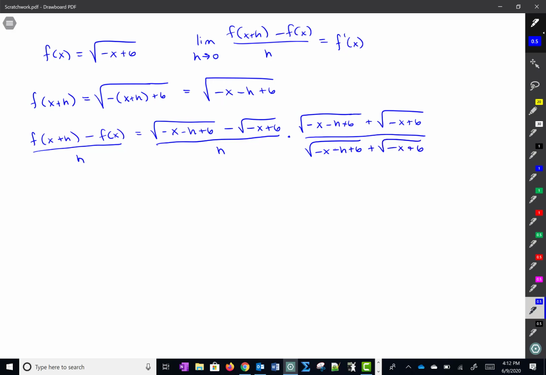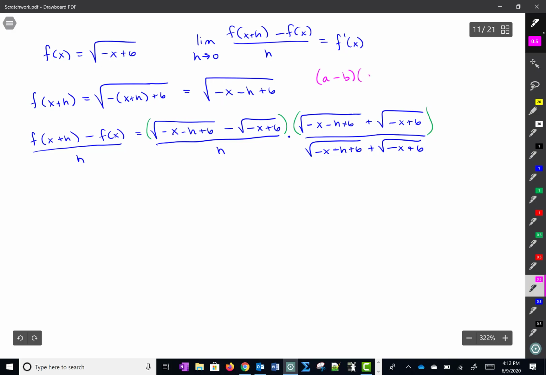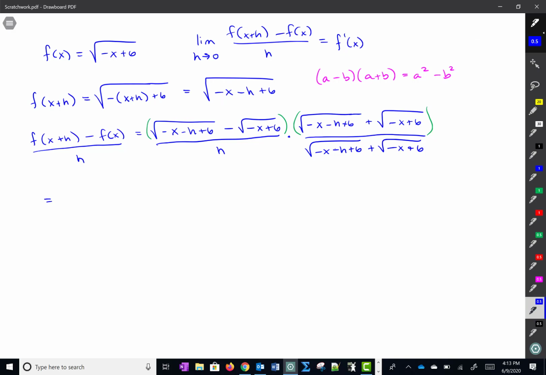Okay, now in the numerator, I have this term times this term. It's effectively the same thing as if I had a minus b times a plus b, which would be a squared minus b squared, the difference of squares. What's important with that is when I square a square root, the square root disappears.